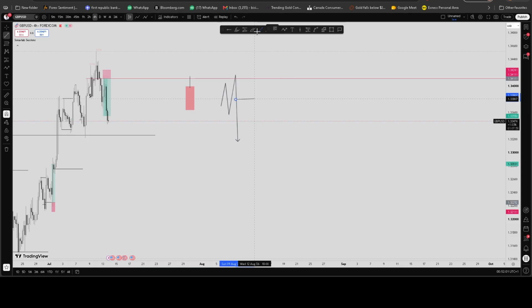And the last one is this. This is the breaker block, which you must follow the rules for. It must have a fair value gap. Price must violate that key level with a fair value gap before you can consider that point of interest valid.